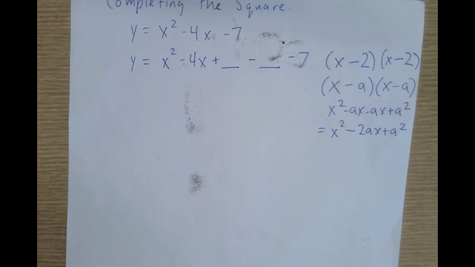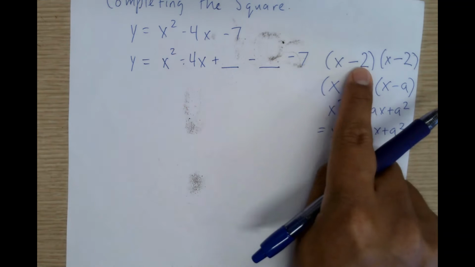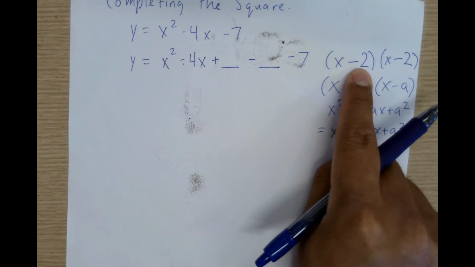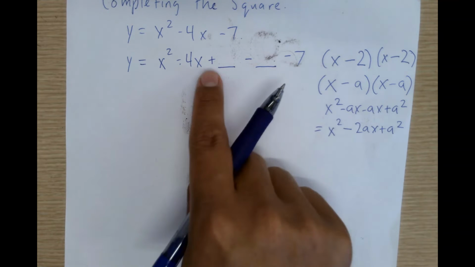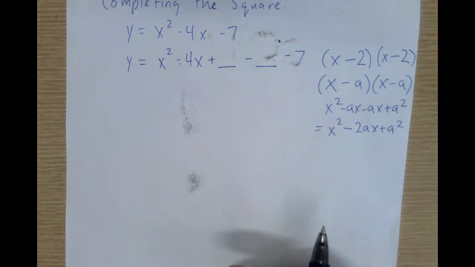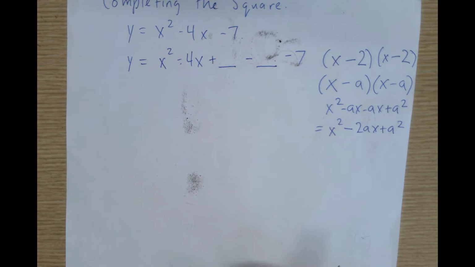So we also know that this number is always going to be squared. We're going to add that number squared. So the reason I knew to add 4 here is because I knew that this number is always double of the number we're going to multiply, right?